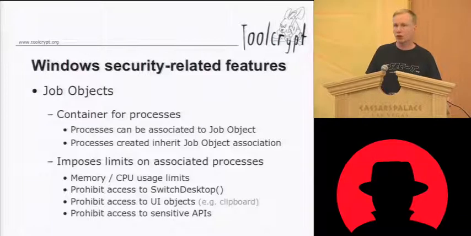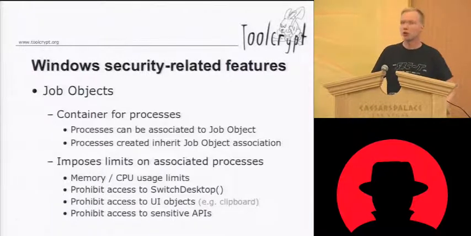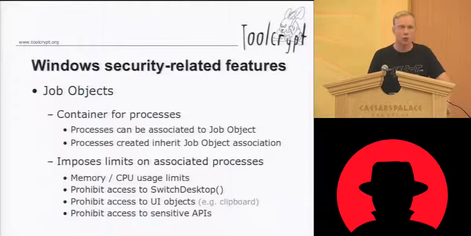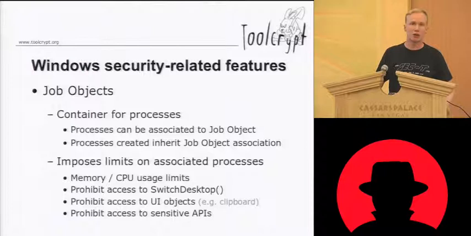So, for example, in a terminal services environment, you have several users that log in, and you want to set caps on, for example, CPU usage or memory usage, so that one user wouldn't be able to hog system resources and degrade the experience of other system users. So what Microsoft did was implement what's called a job object, which you can create and you can assign processes to it. And the job object can set a number of different limits.